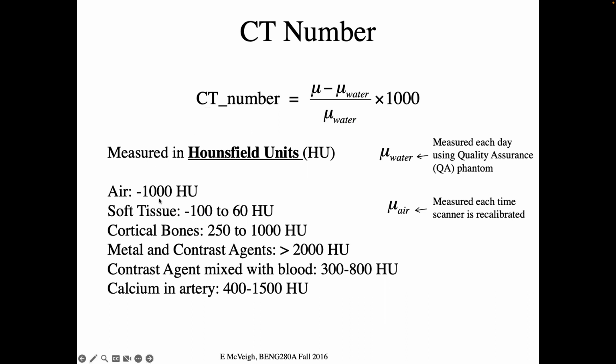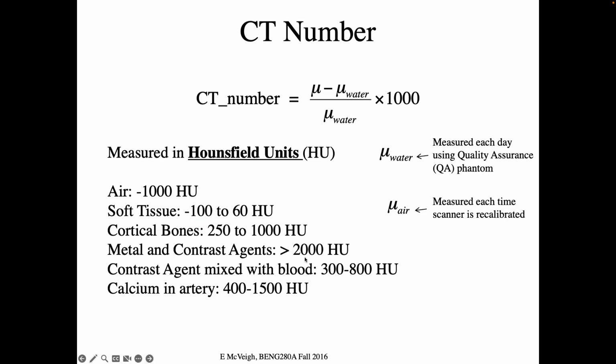So air, by definition, has mu of 0, so it's minus 1,000, right? Because you assume it just doesn't absorb any X-rays. And it turns out that soft tissue in these traditional units is anywhere from minus 100 to about 60 to 100, something like that. Bone gets up to 250 to 1,000, right? So it's like twice what water is.